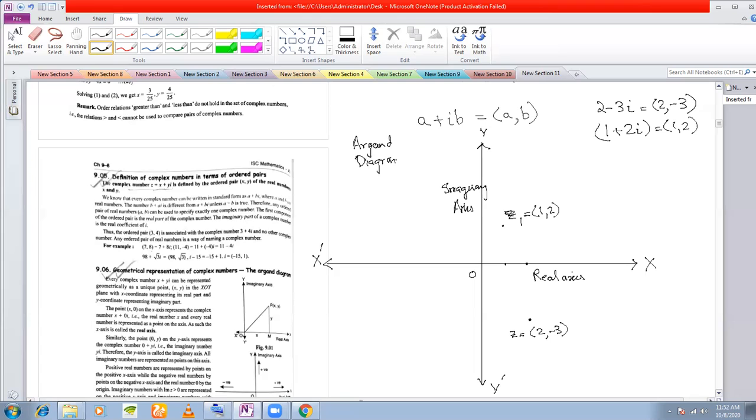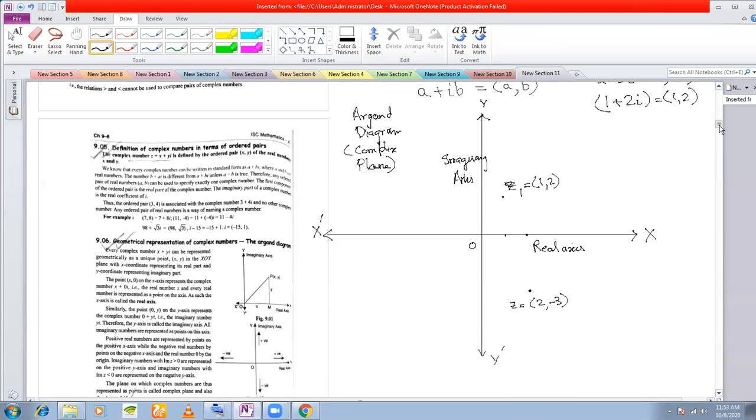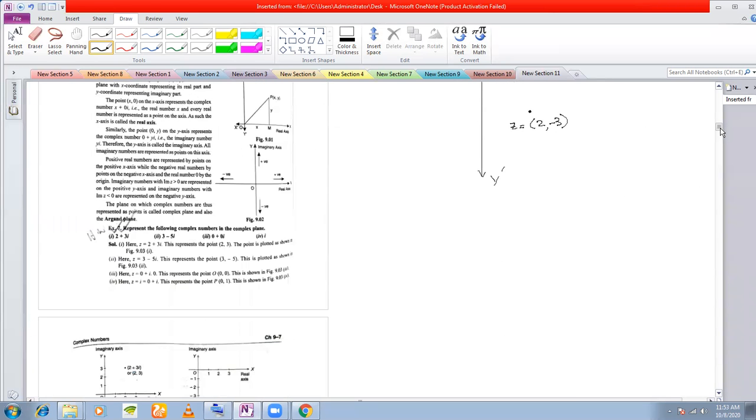This xy plane is also called the complex plane. If you are representing complex numbers or the locus of complex numbers, then this is called a complex plane. So that is how we represent complex numbers geometrically.